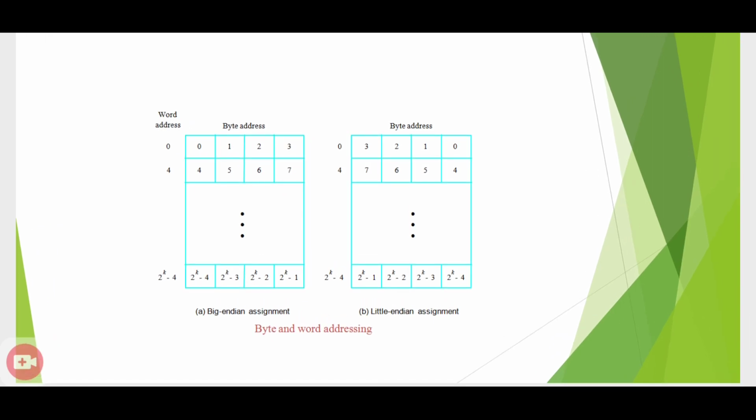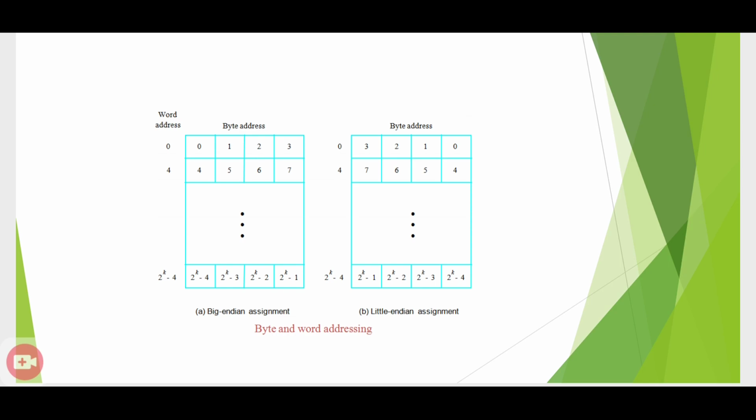Here the lower byte addresses are at the most significant position. You can see 2 raised to k minus 4 is the most significant position, and in that position the lower byte addresses 0, 4, etc. are placed, because 0 is less than 1, less than 2, less than 3, and 4 is less than 5, 6, 7, etc. So the lower byte addresses are placed in the most significant part of a 32-bit word.